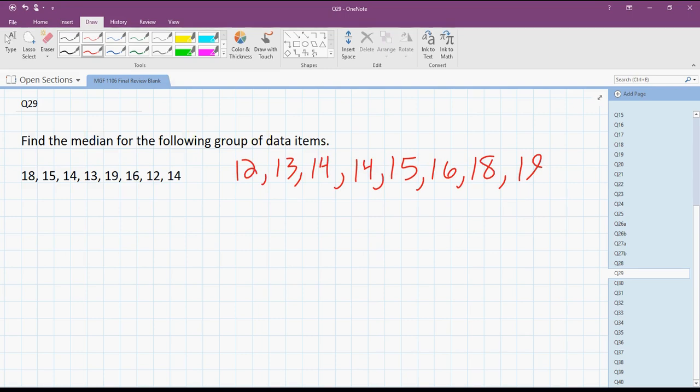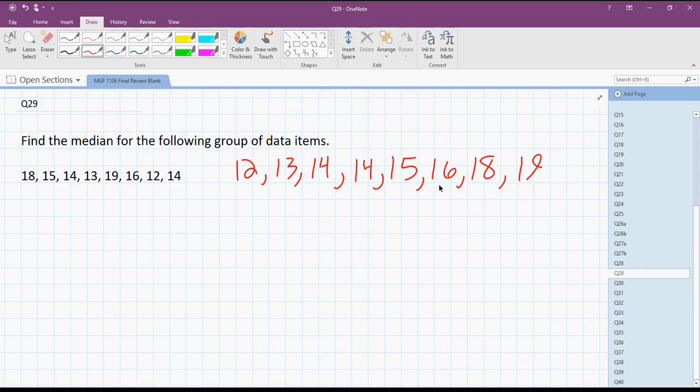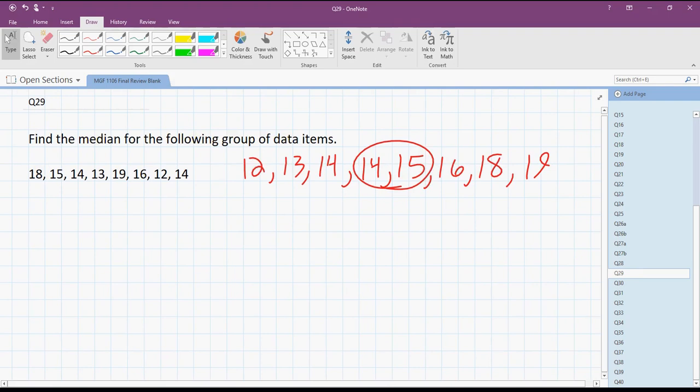If you start working towards the middle, from 12 to 19, 13 to 18, 14 to 16, I get stuck between these two guys right here. So that's why I asked that question a moment ago. What happens when we're stuck? Add the two numbers and divide by 2. So what do we get when we take 14 plus 15 and divide by 2?